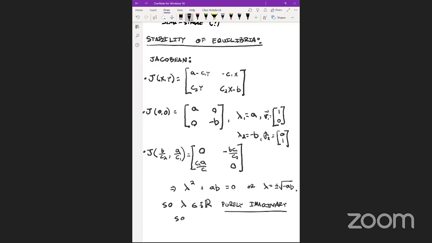Concentric circles, exactly. So the stability type is that of concentric circles.